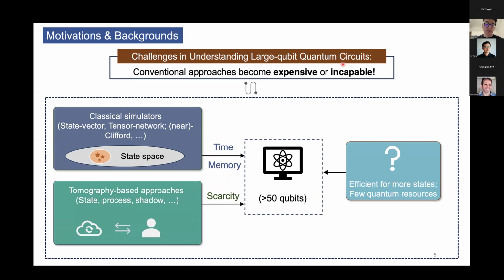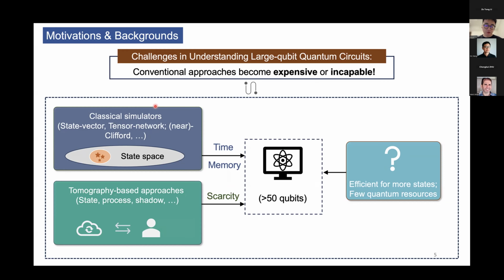Why do I say that? Recall that traditionally we can devise our quantum algorithms and understand quantum computers in two approaches. The first one is using classical simulators. You can deploy your quantum algorithm purely on the classical side, and if everything works well, you can deploy your algorithm on a quantum computer to test its performance.